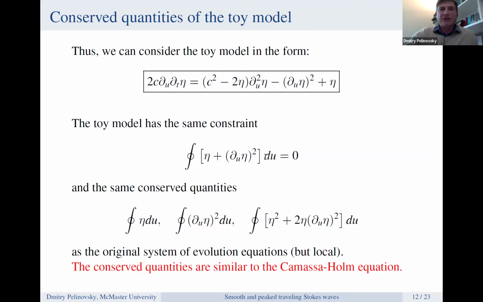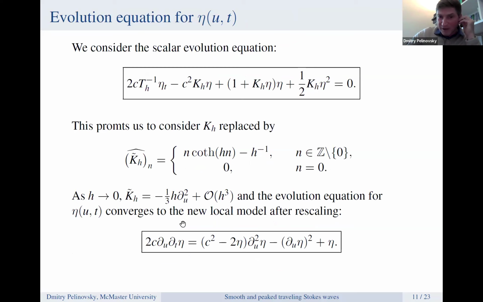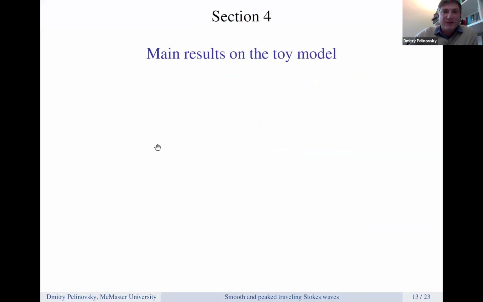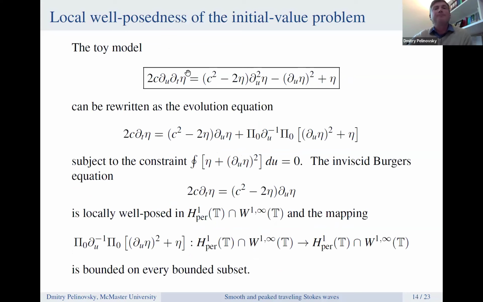And so I wanted just to show that the origin of this non-locality, which is still remaining in this problem, is because of this operator TH. KH is TH derivative, so if KH is replaced by second derivative, TH inverse is supposed to be replaced by first order derivative, and that's how it appears in the problem.